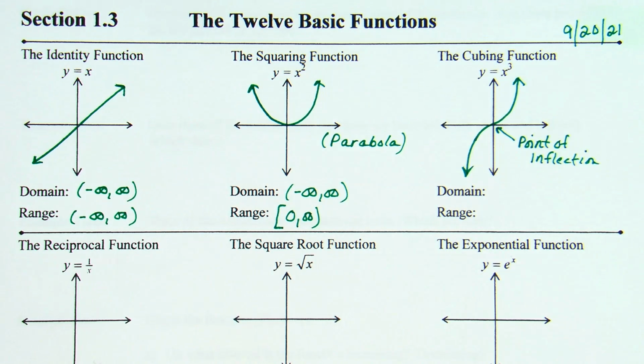Domain. How far left and right is this graph going? Infinite. As it's going down, it's going infinitely left. As it's going up, it's going infinitely right. Speaking of up and down, how far up and down is it going?